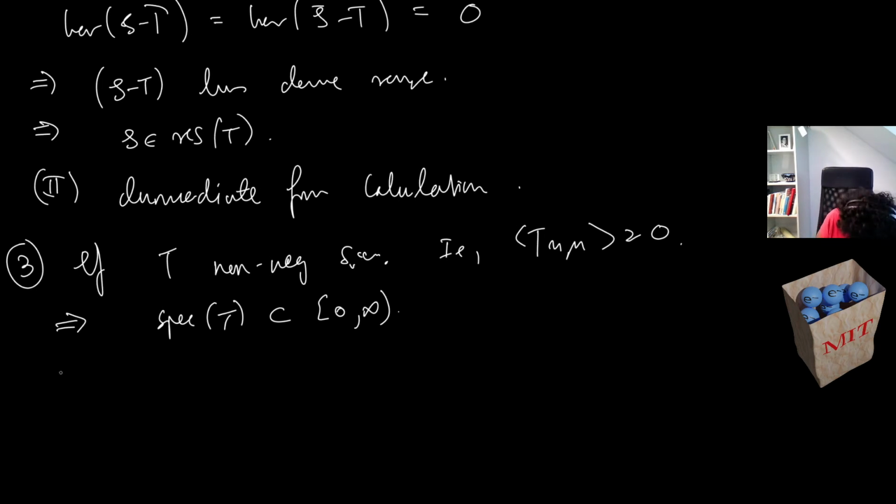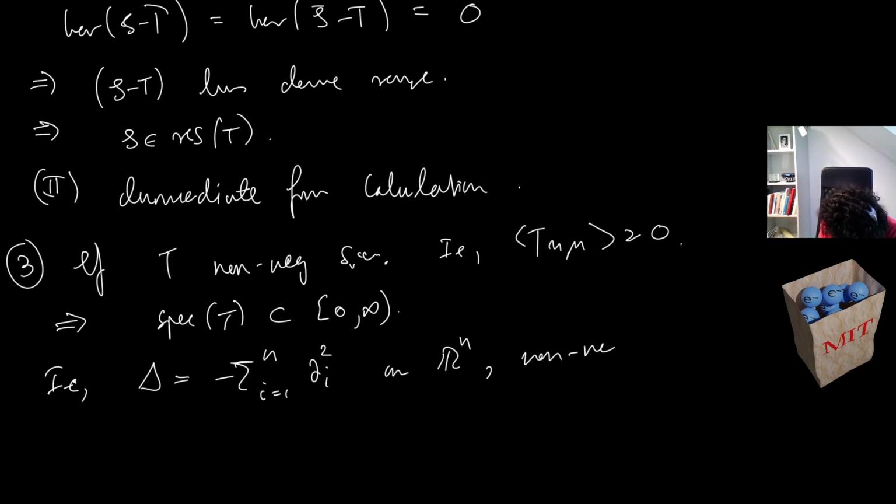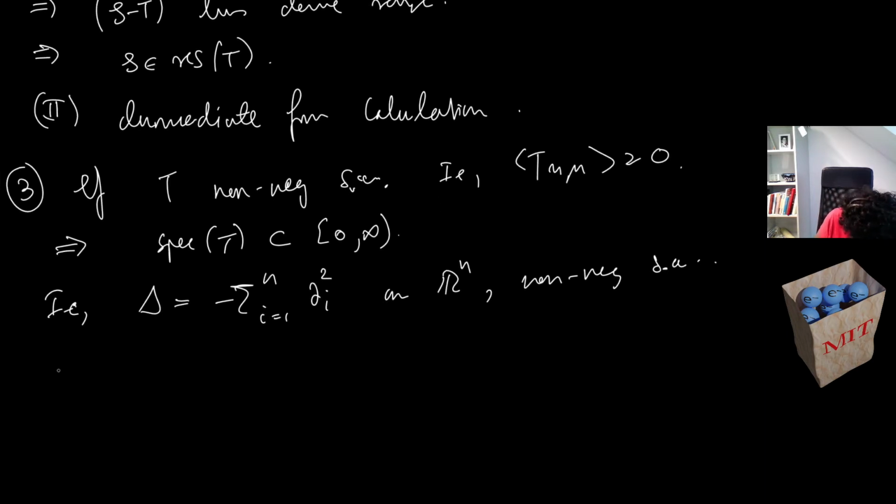So, i.e., the Laplacian, the sum over i equals 1 to n of partial i squared on R^n, is non-negative self-adjoint. And it's important to be careful here because we might not just have eigenvalues.